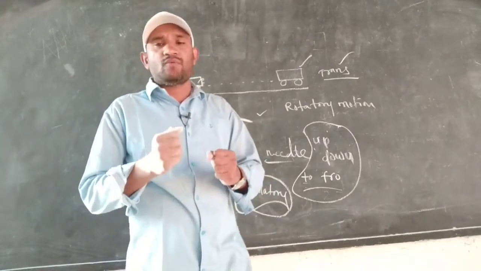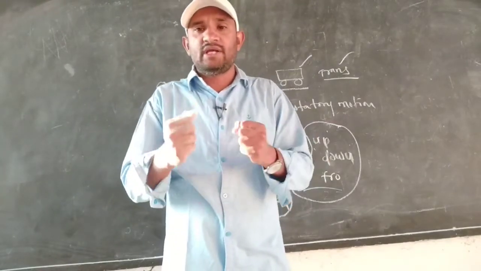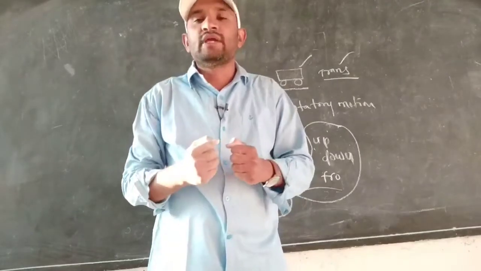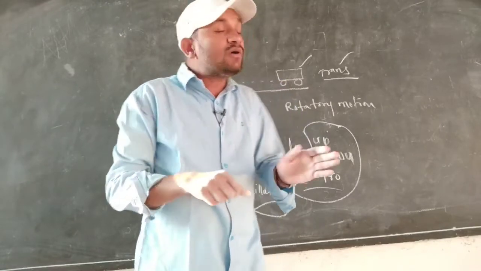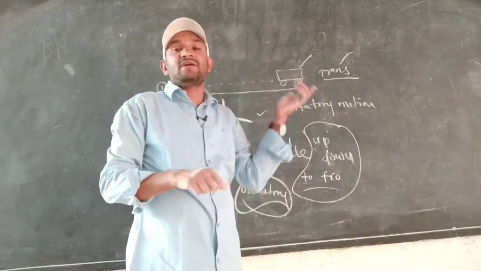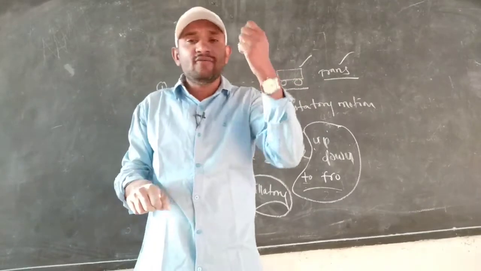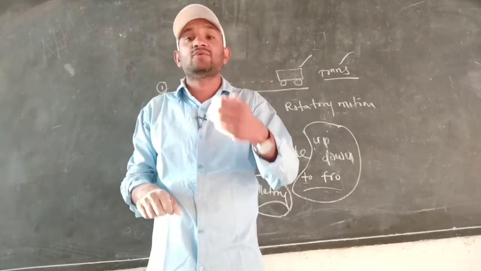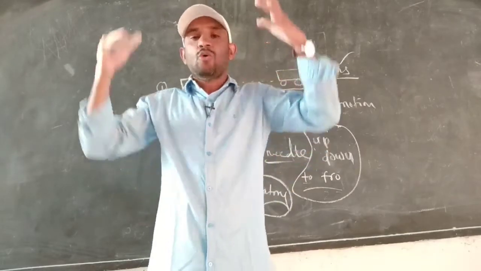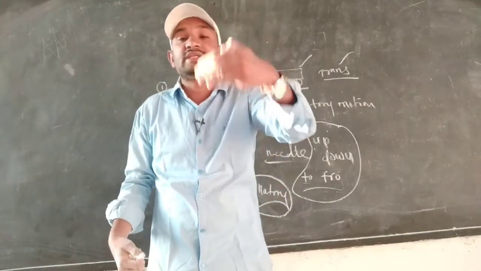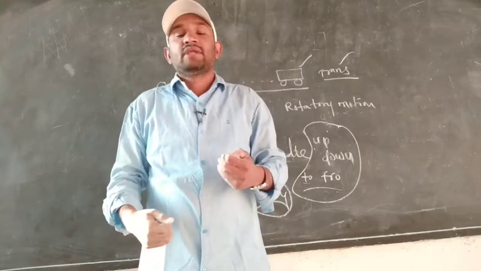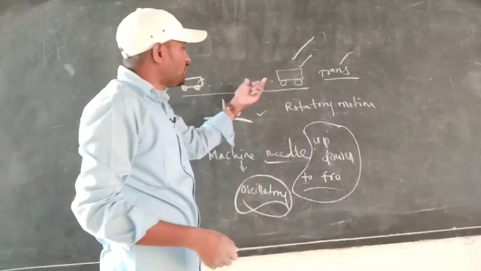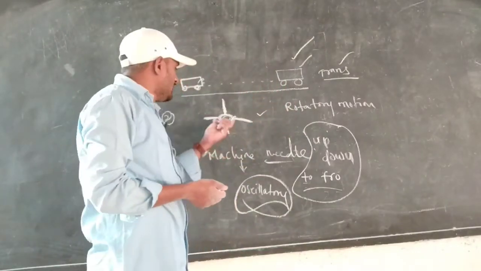Suppose you are walking on the road, or running, or moving along the road on a bicycle. All these are examples of translatory motion, because every second you are changing your position, and your whole body changes position.